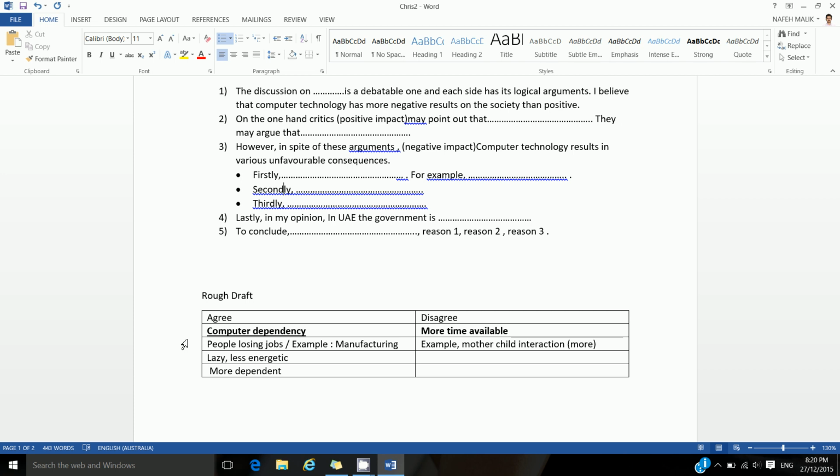Now on the other hand, when we see disagree, more time is available. Okay, let's give an example of the Asian culture, especially the subcontinent. In older times, the mothers had to do the house chores, and the majority of the time was required for house chores, and they had less time to give to their offspring.